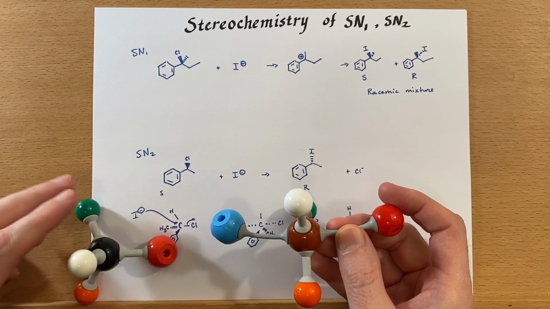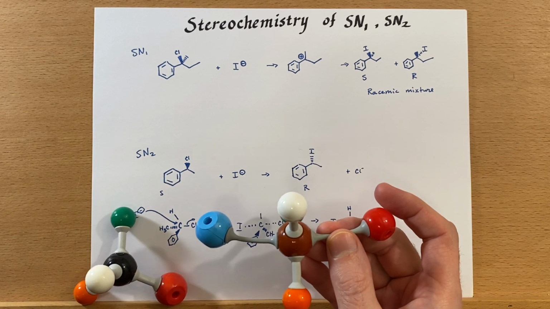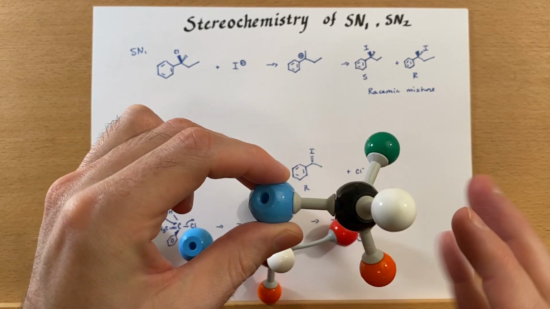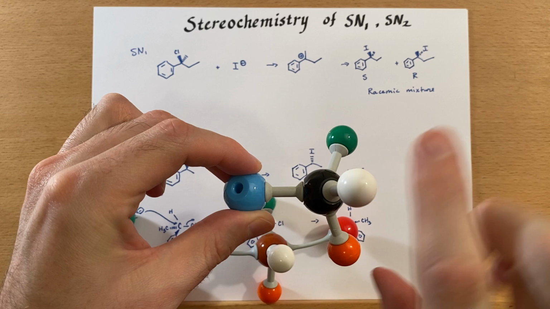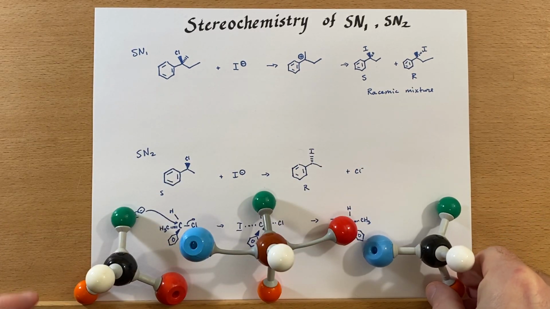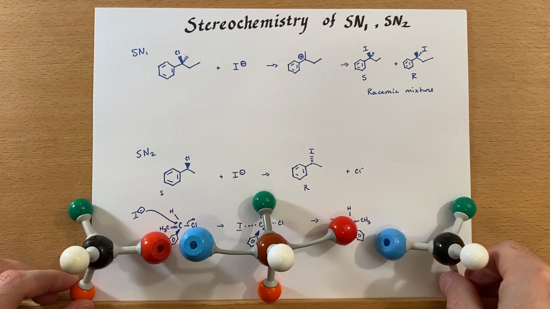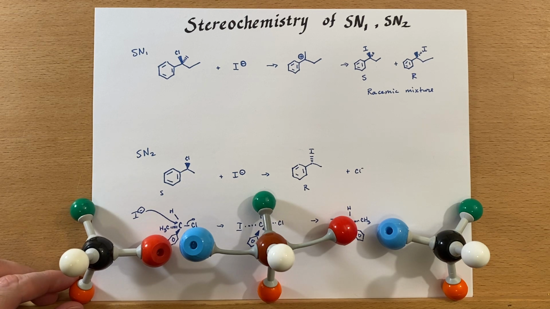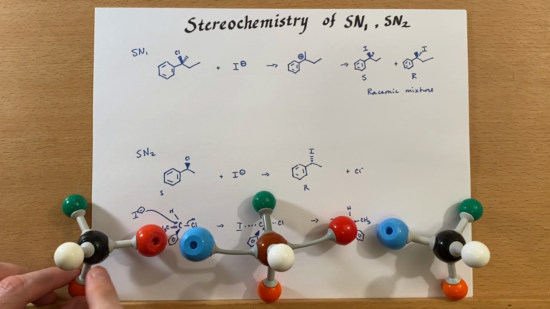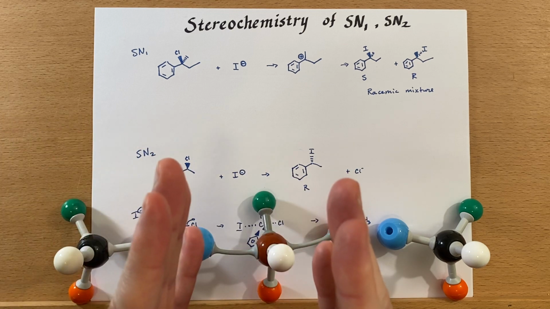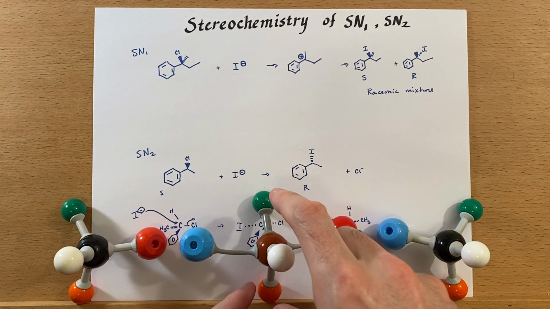And then we're going to go ahead and show what the product looks like, which would be this, right? So now all of these have flipped over to the other side of the molecule there. And that has changed this from an S to an R, or an R to an S, either way. But it maintains chirality, right? So we have the backside attack, which starts to move over these substituents.